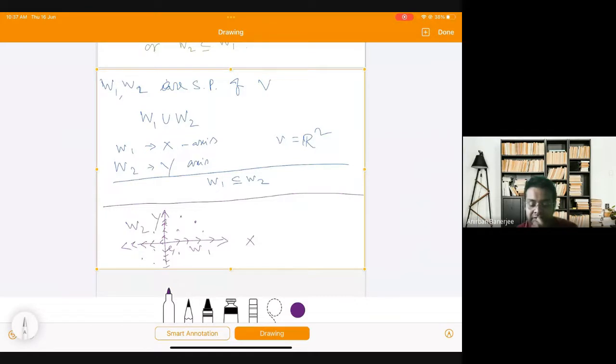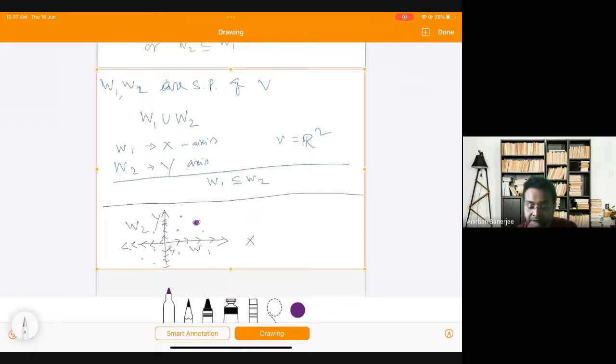Now, is it possible that if I ask you to construct, let's say, this vector by adding one vector from W1 and another vector from W2?